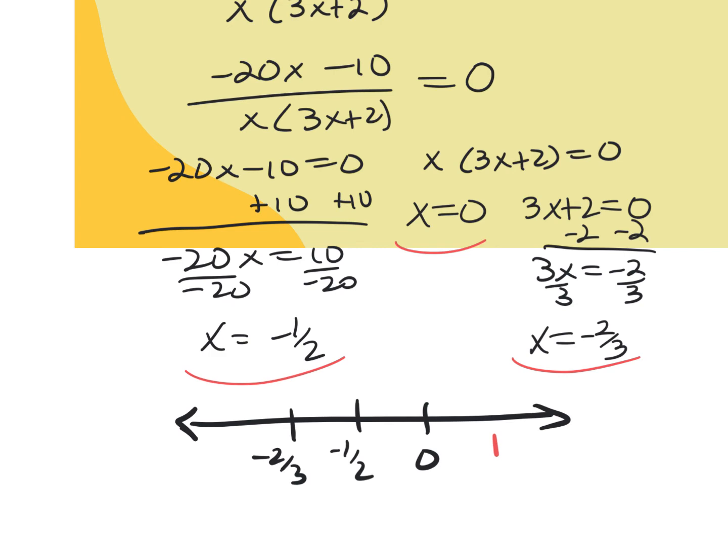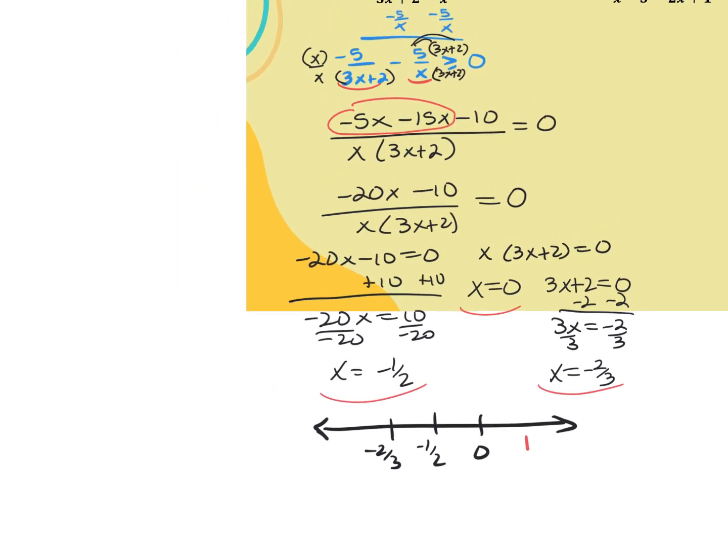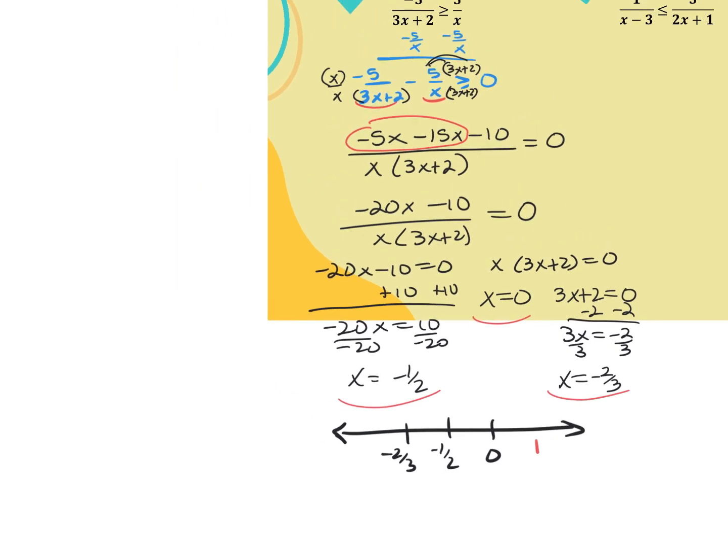So if I go back to the beginning and grab my original problem, I get -5 over 3 times 1 plus 2 greater than or equal to 5 over 1. -5 over 5 greater than or equal to 5. -5 divided by 5 gives me -1.